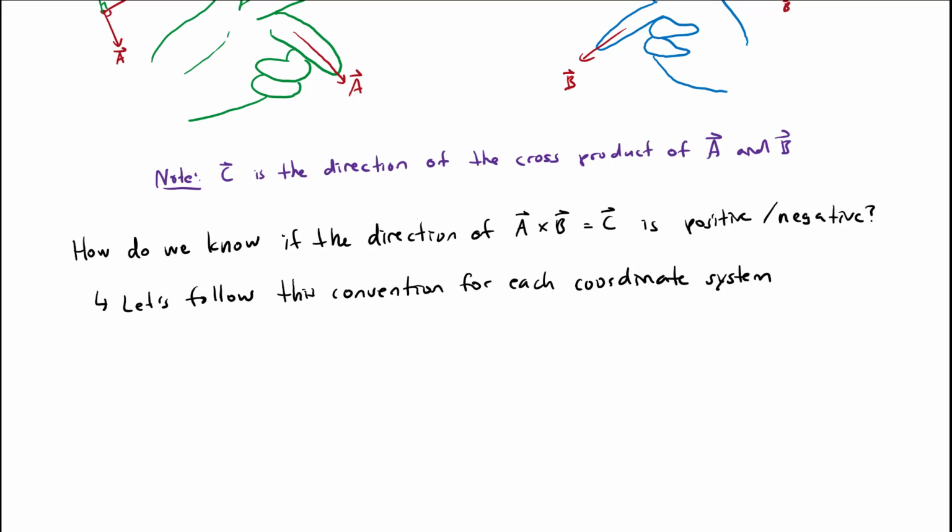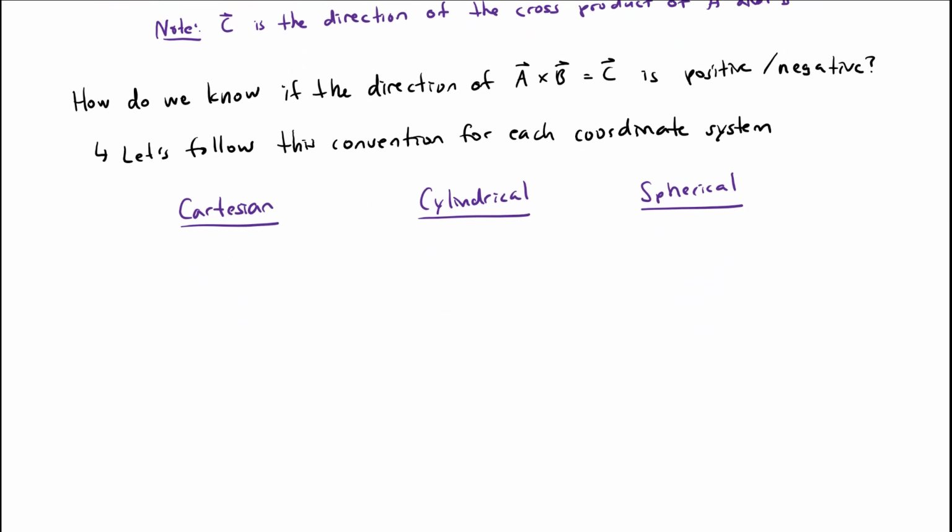Remember, we have the Cartesian coordinate system, we have the cylindrical coordinate system, and we have the spherical coordinate system. And we're looking specifically for 3D coordinate systems because if you have a cross product, it has to exist in 3 dimensions. So with the Cartesian coordinate system, we had x, y, and z. The cylindrical coordinate system had r, phi, and z.